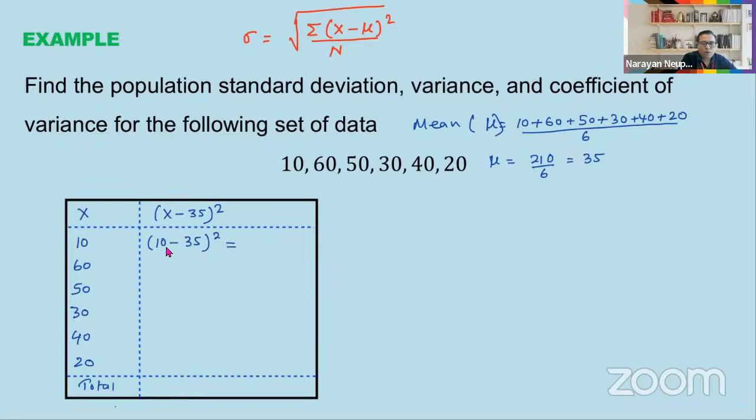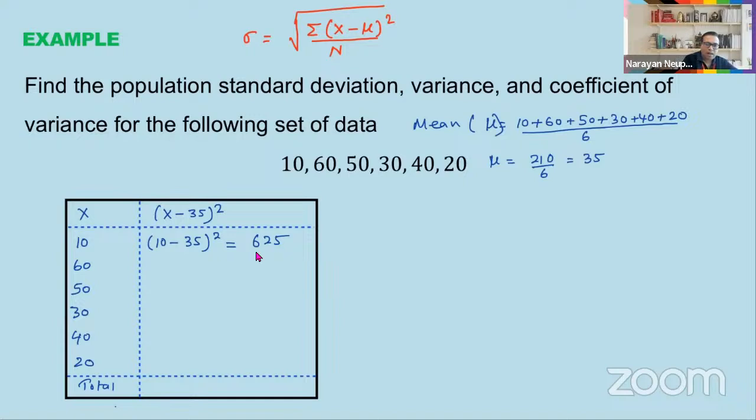What is 10 minus 35? Negative 25, right? Negative 25 squared is 625. Or you can directly type this in your calculator: parenthesis 10 minus 35, parenthesis close, and square it. You should get 625.